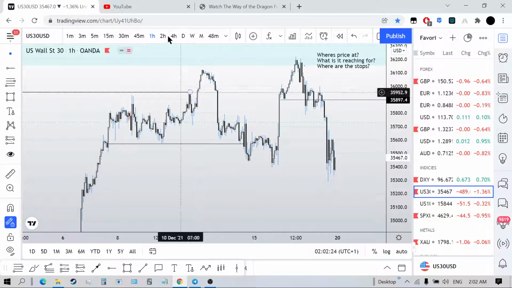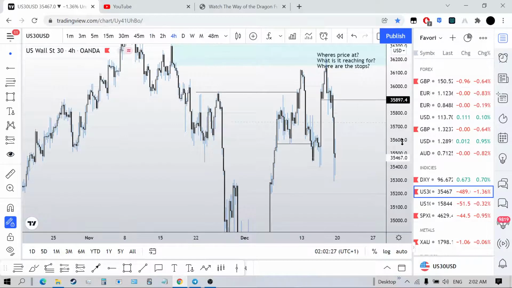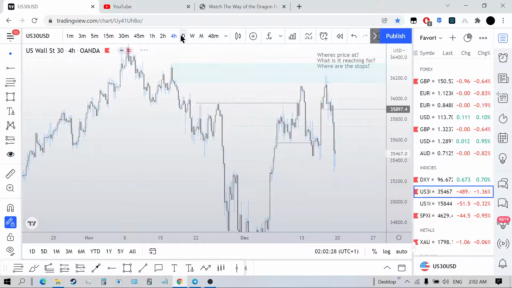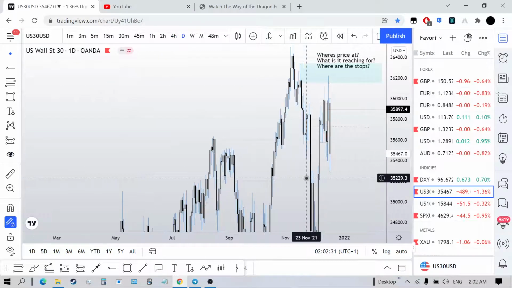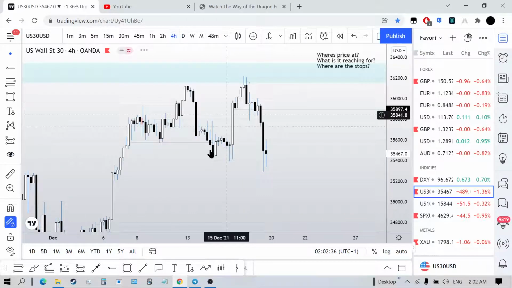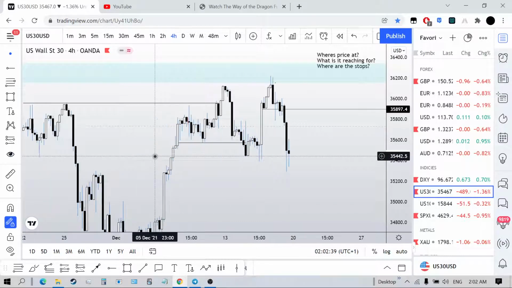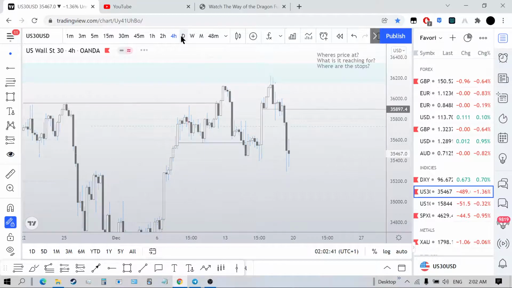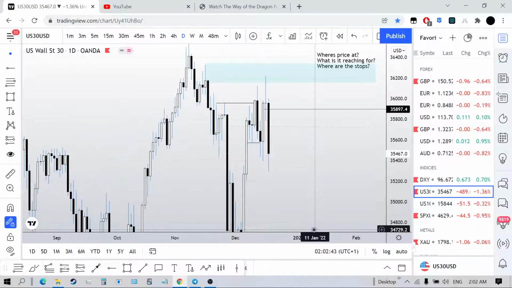Let's look at the daily real quick so we can build a little bit more context for what it could reach for. You have this low here. Where did it come from when it was down here? It looks like a BISI.